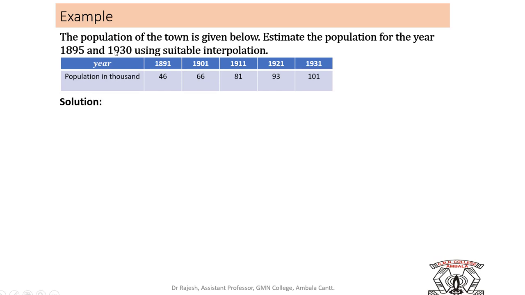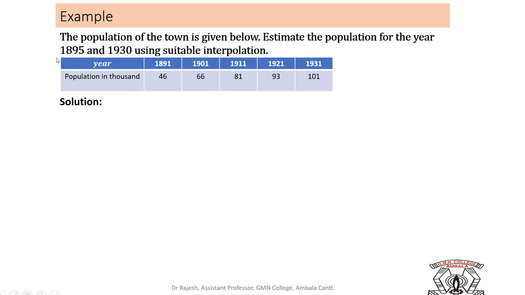So in this numerical example, you will see 1895 is near to the beginning of the table, and 1930 is near to the end of the table. So for this, I will discriminate between the Newton forward difference formula and Newton backward difference formula.